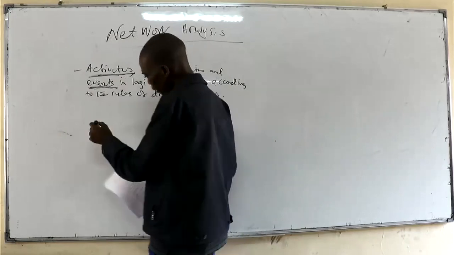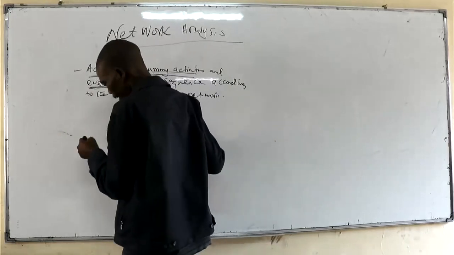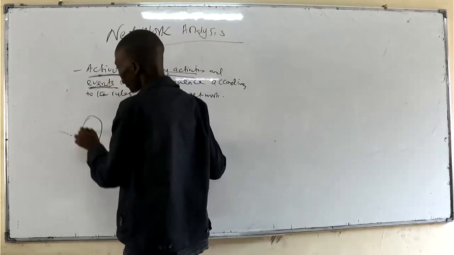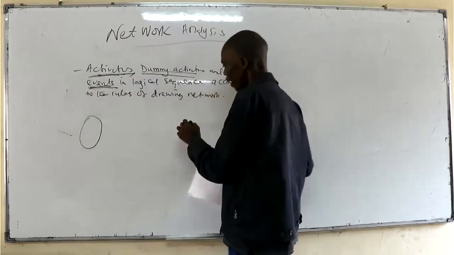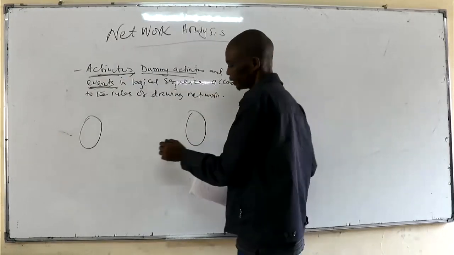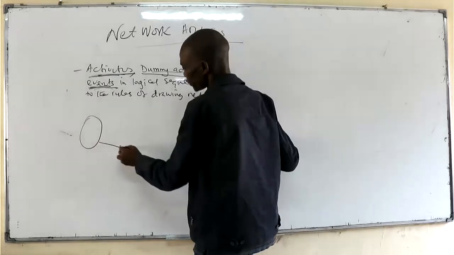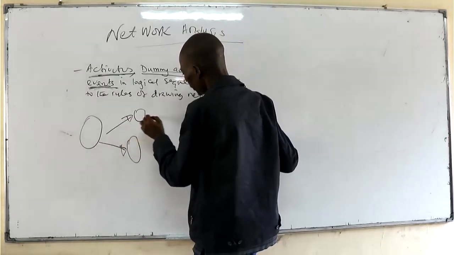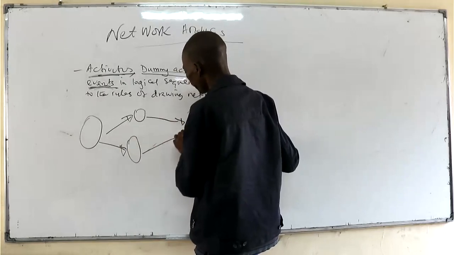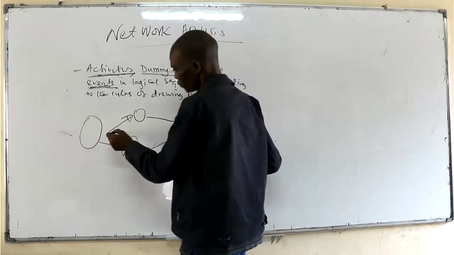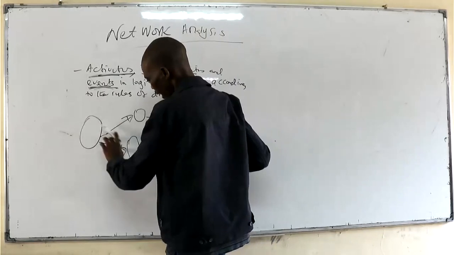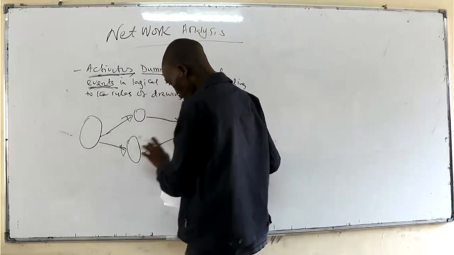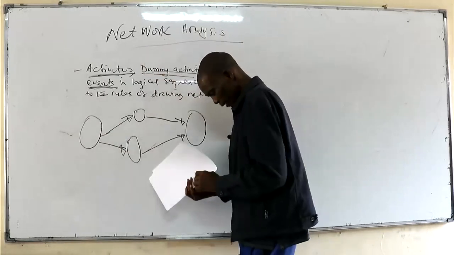Each network can only have one point of entry, and will only have one point of exit. In between, we may have several activities. You can see the arrows there indicate the jobs, the tasks that are involved in that particular project.